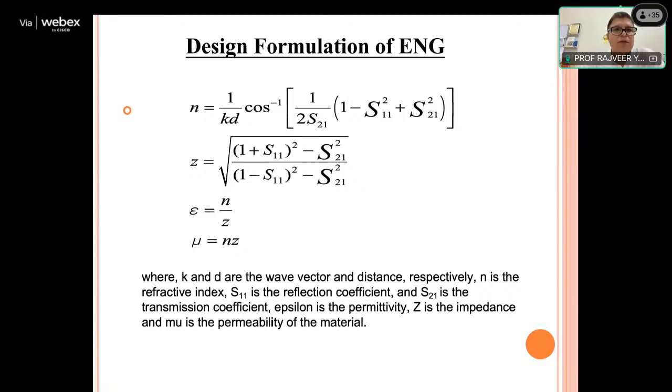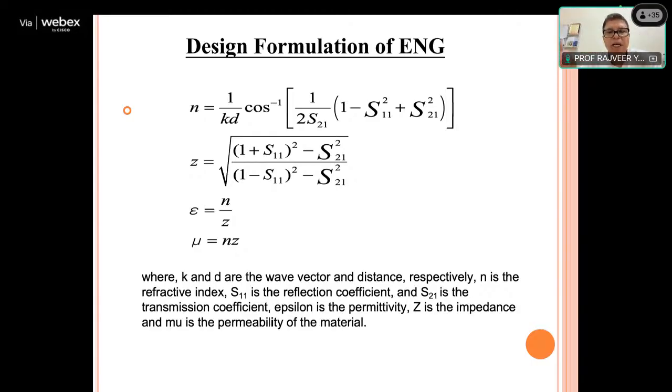n is equal to 1 upon kd cos inverse bracket 1 upon 2 S21 (1 minus S11 plus 1 plus S21 square), and z for this particular will be square root of (1 plus S11) square minus S21 square upon (1 minus S11) square minus S21 square. This is the standard formulation being used to develop ENG.